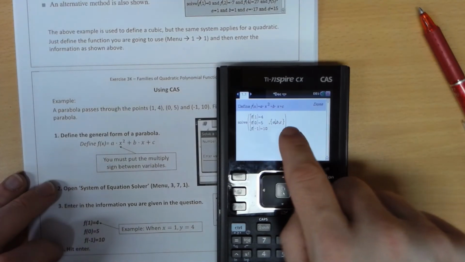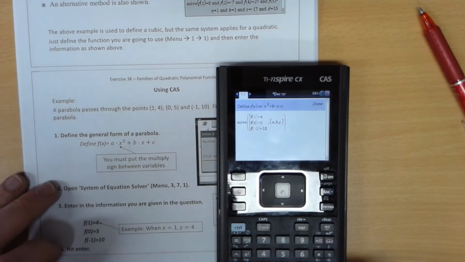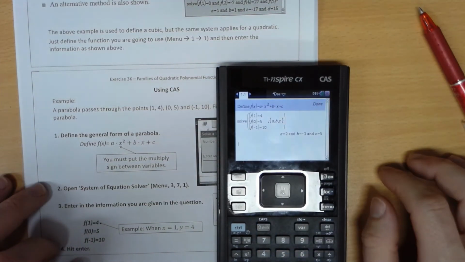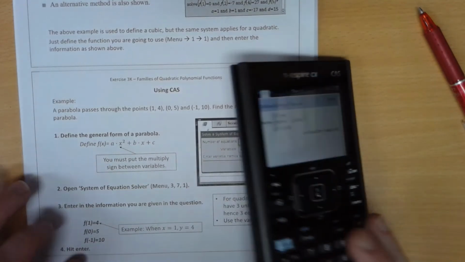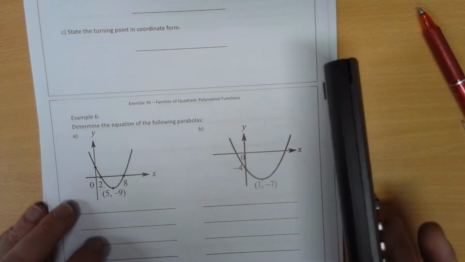Like I said, this a, b, c that we had to put in before has to match what you've defined as f of x before. Hit enter, and bam, it's done. It's given us a, b, and c. Okay. That is pretty much it.